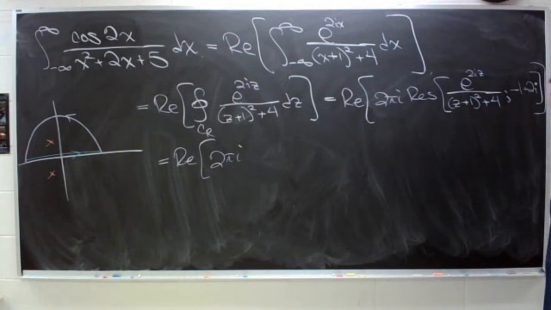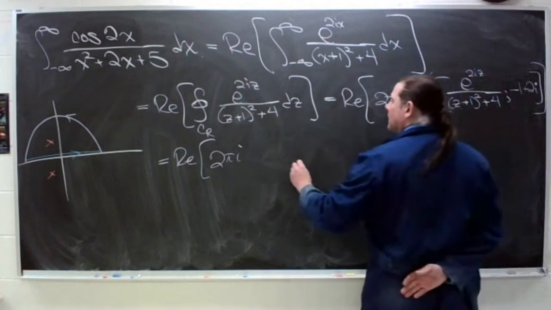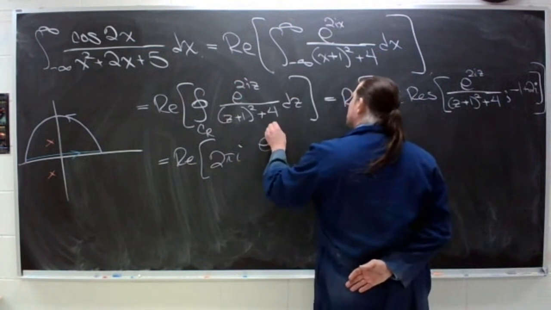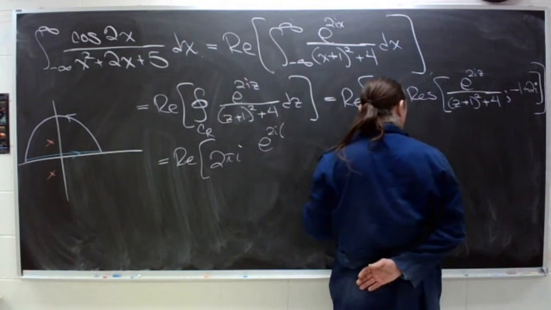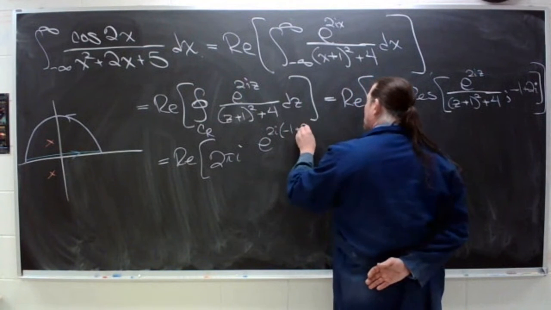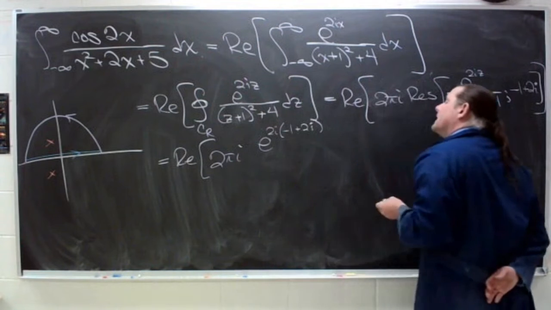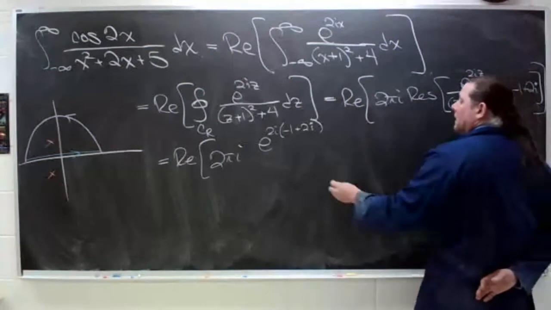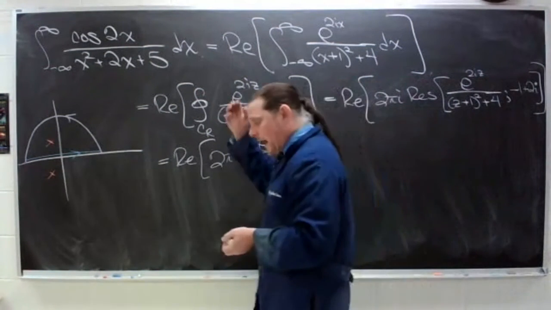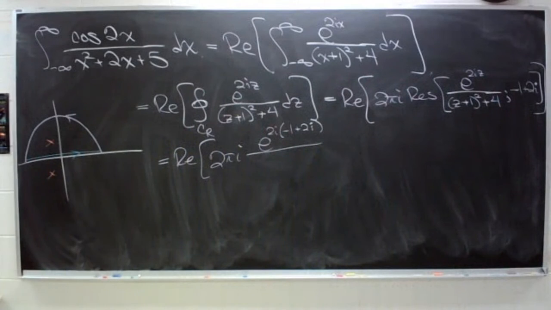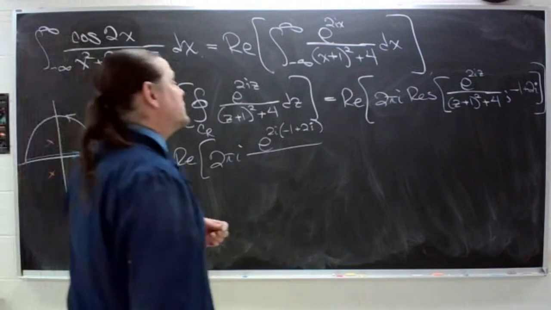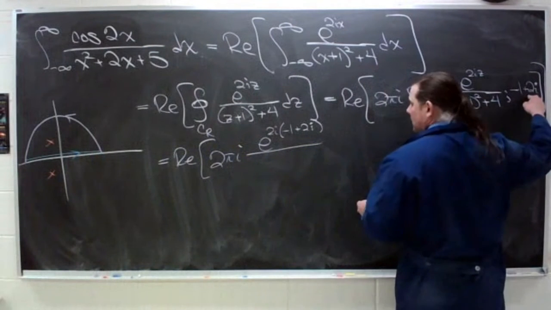That means that in the numerator, we'll just have e to the 2i times negative 1 plus 2i, divided by, in the denominator, we're going to take the derivative and it'll be 2 times (z plus 1). z plus 1 is 2i.